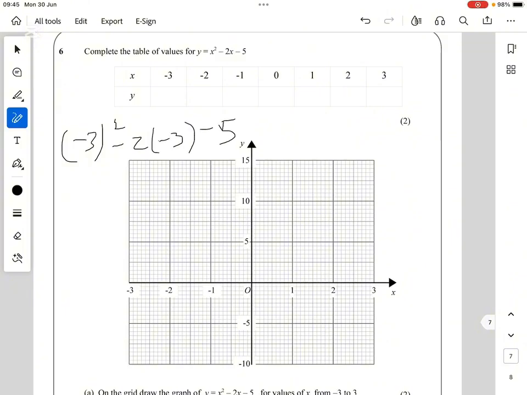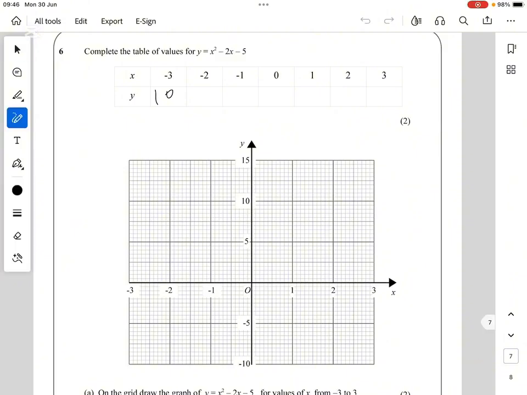So wherever you see x, you put minus 3 there, right? Minus 3 squared is 9. Minus times minus is plus. 2 times 3 is 6, minus 5. Now 9 plus 6 is 15. 15 minus 5 is 10. Right? So y is 10 when x is minus 3.